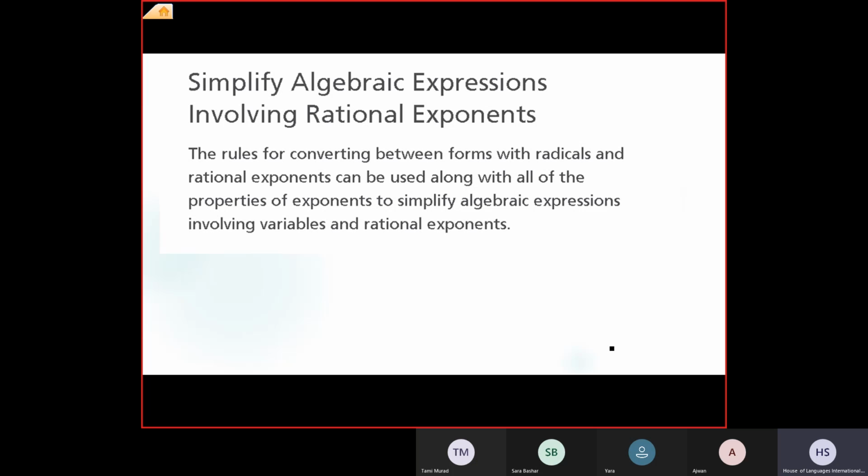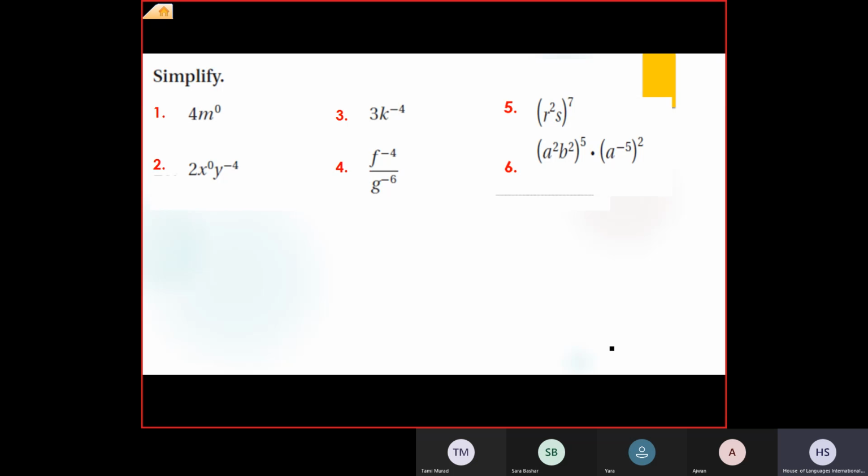Now, simplify algebraic expression involving rational exponents. Here, what do we have? We have variables. Okay? We talked about the numbers. Now we're going to talk about the variables. How can we deal if we have a variable raised to the power?